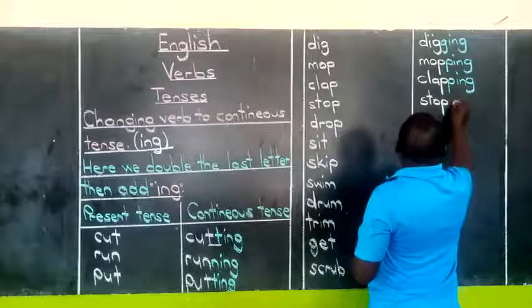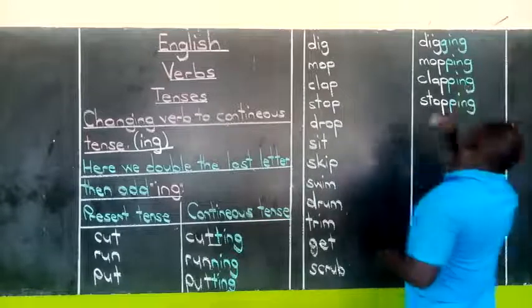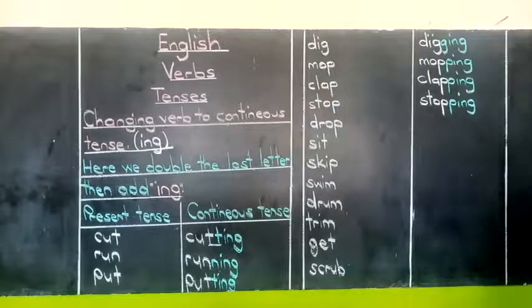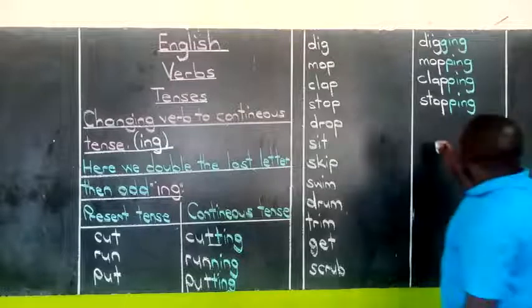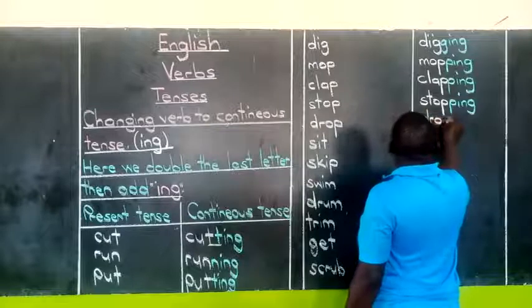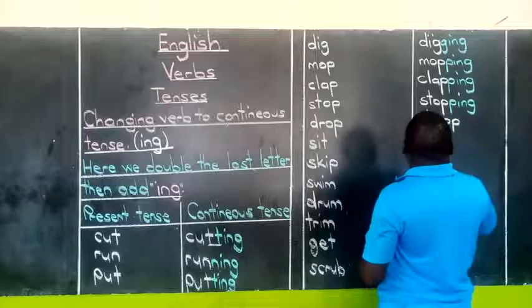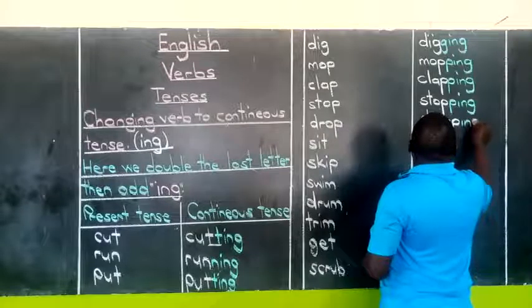Add another letter, which is the same as the last one, and you get stopping. Drop. We shall have dropping. Add another P. Then add ing.